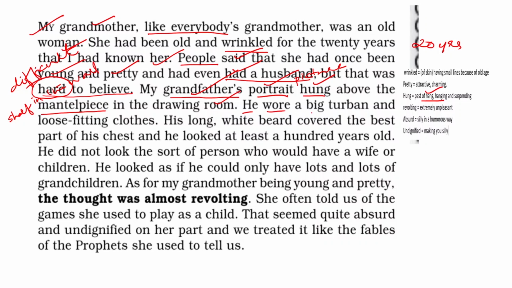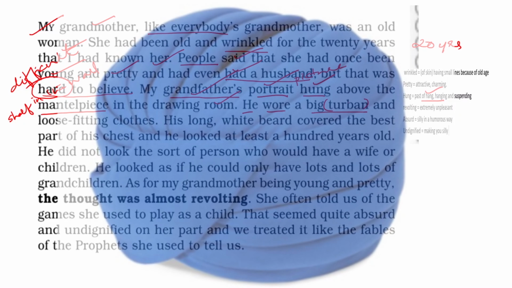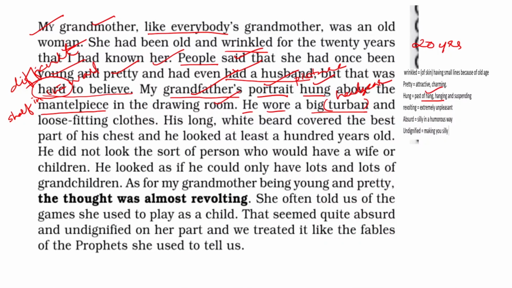He wore a big turban. Turban is the headgear that usually the Sikh people wear, and loose fitting clothes. His long white beard covered the best part of his chest and he looked at least 100 years old.